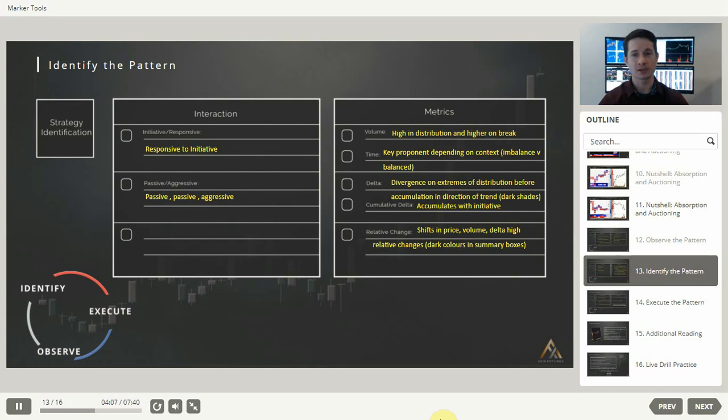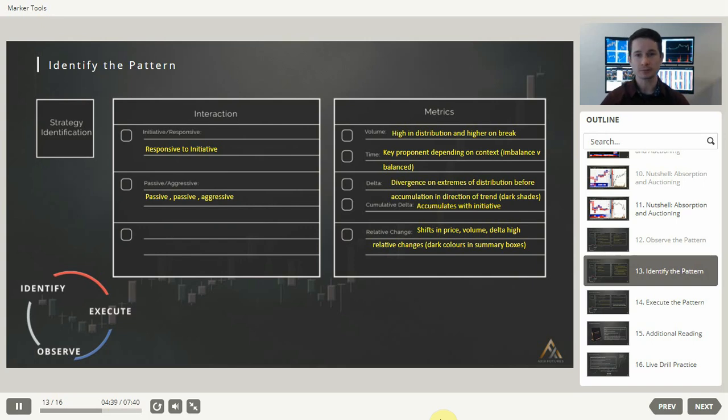For instance, for the break to the upside, before the break we were seeing large selling absorption at the high and large buying absorption at the low. Just before the breakout of the high, instead of large selling absorption, we suddenly saw large buying absorption at the high. And that's what you want to write in that box. What was the interaction that gave you that clue? Because by writing this down every single time, you're going to learn to develop pattern recognition ultimately.